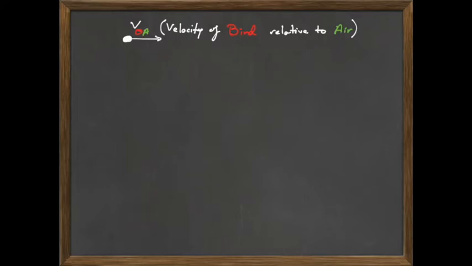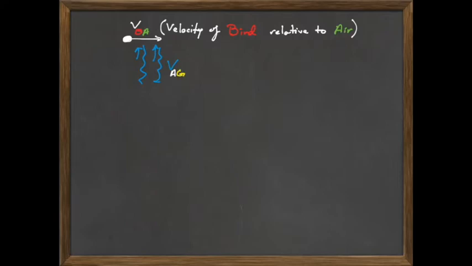Now the air might be moving in some way. Maybe it's moving like this. And so it has a velocity. So this would be the velocity of the air relative to the ground. There we go.